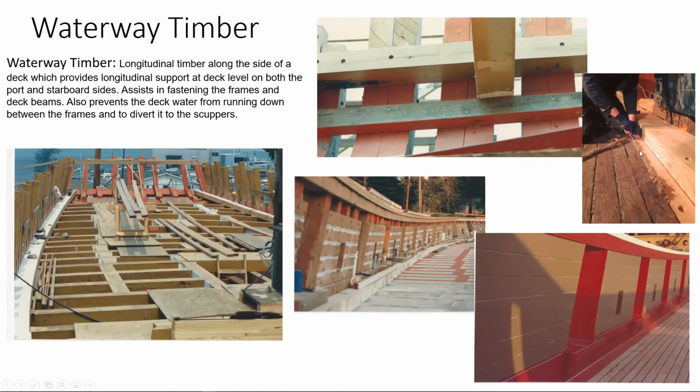And on the far right, you can see a shipwright recalking the deck, because part of the deck had to get removed as the waterway was demoed, and then new parts scarfed in.